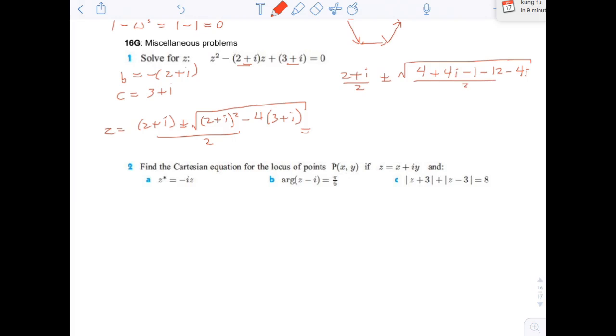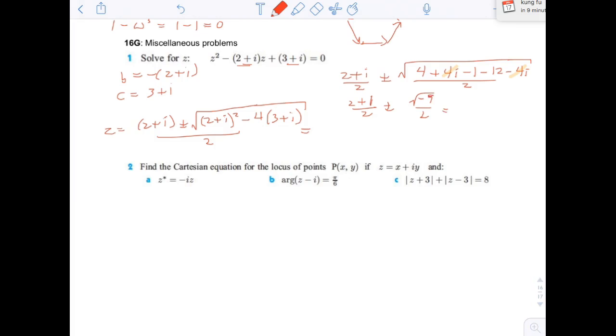And that's over 2. So now we've got (2 plus i) divided by 2 plus or minus, and let's see what we get in here. Do you see how the 4i and the negative 4i cancel? And so now we have 4 minus 1 minus 12, which would give me the square root of negative 9, divided by 2.